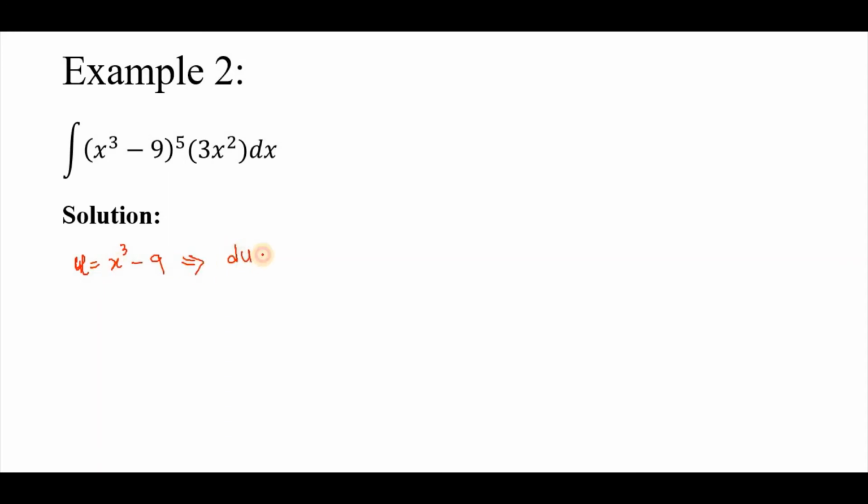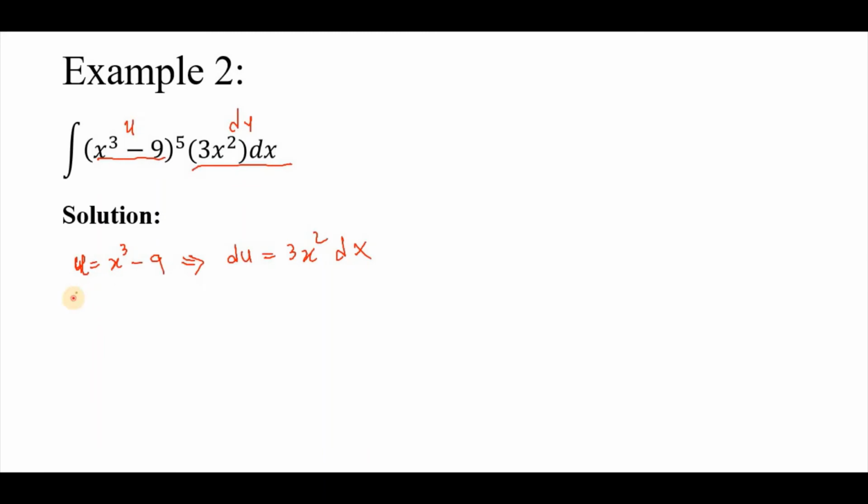I will have du is equal to 3x squared minus 0 dx. Now I will need to replace everything in this function. Luckily it's straightforward, so this amount gets replaced with u, and I have 3x squared dx here is equal to du, so I'm going to replace it with du.